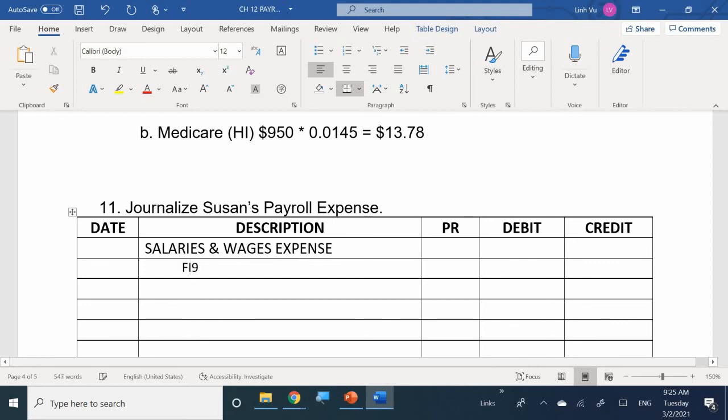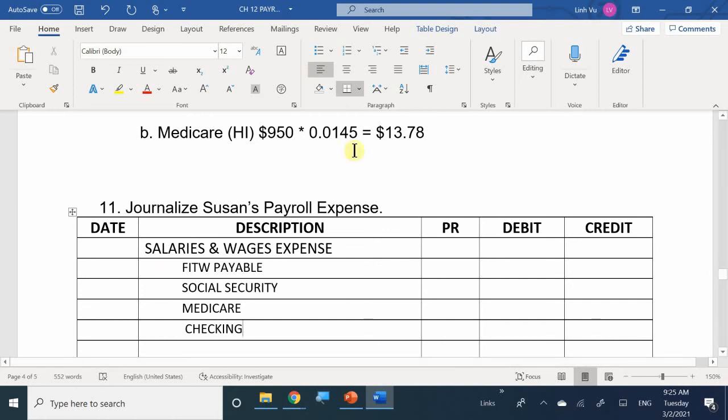Federal income tax withholdings payable. What else? Social Security. And what else? Medicare. And lastly, what does she get from us? Yep, she gets a paycheck.